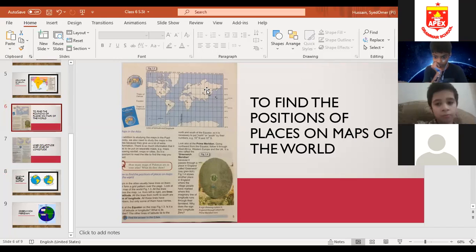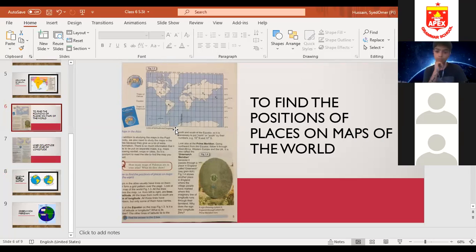Okay, how to study and understand photographs and pictures. Now we have discussed maps which tell us about lines of longitude and lines of latitude, meaning the places on Earth. Now, if there are maps with photographs and pictures, how can we study those maps?